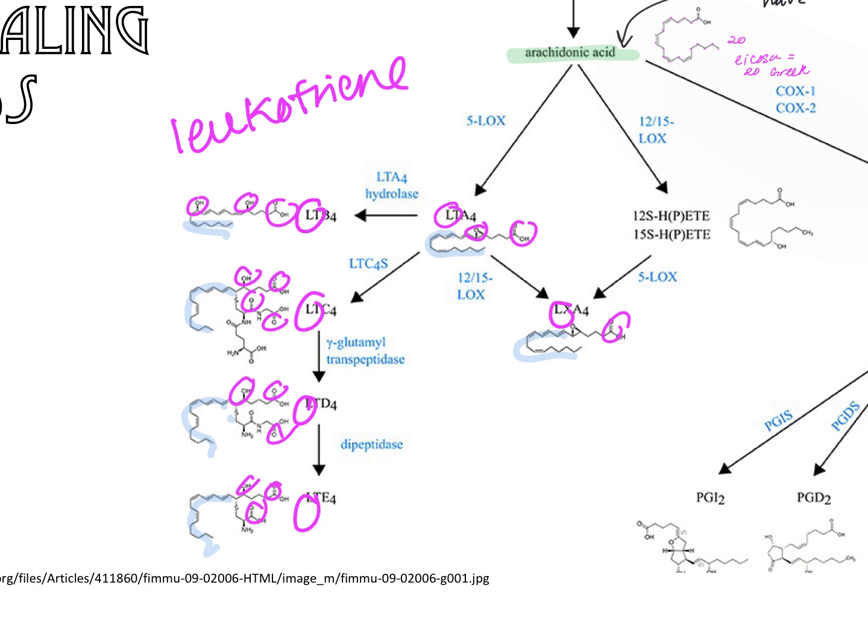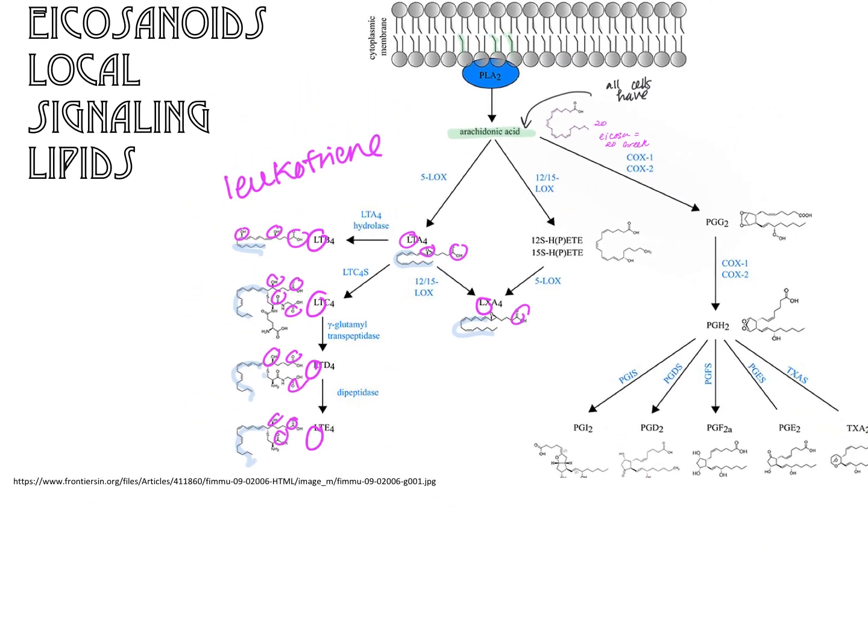They can't travel too far because they're not polar enough. They're not hydrophilic enough to move through the bloodstream, but they're polar and hydrophilic enough to travel locally because they just have a few more oxygens on them than arachidonic acid.